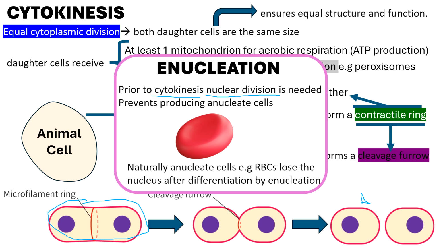Because it prevents producing anucleate cells, or cells that do not have a nucleus. Now, we know that red blood cells don't have a nucleus, so they can fit in more hemoglobin and carry more oxygen, fine. These naturally anucleate cells, such as red blood cells, lose their nucleus after differentiation by enucleation.